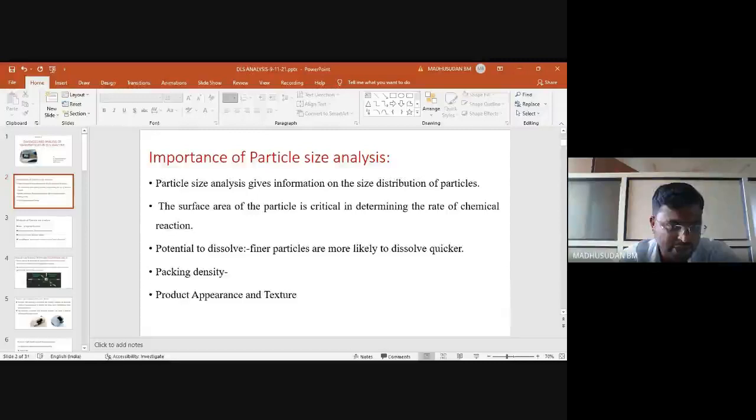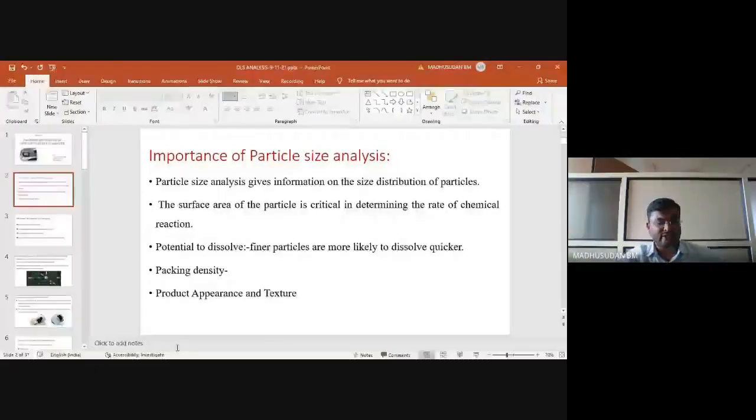That is why surface area is important in particle size analysis, and also the potential to dissolve. We all know that whenever particles have a smaller size, there is a greater tendency toward a faster rate of dissolving. So that influences the need to characterize particles at submicron sizes.